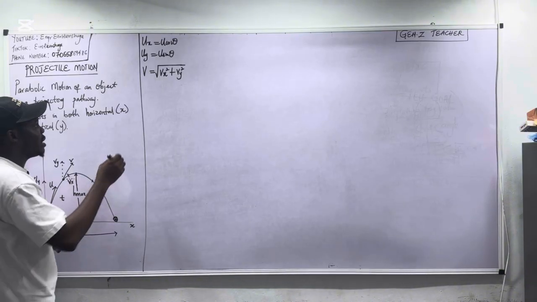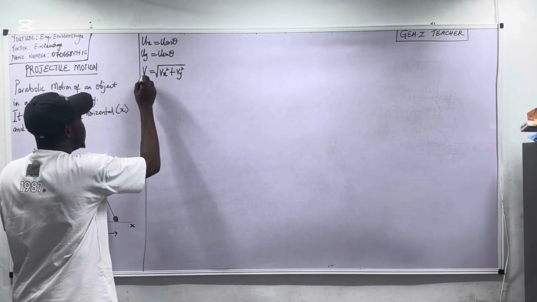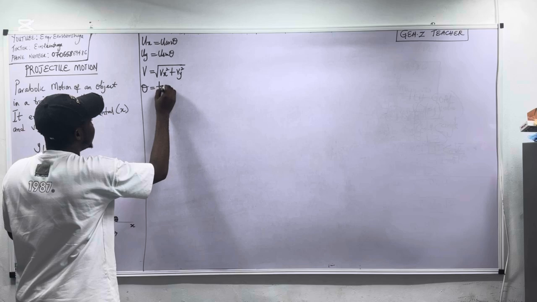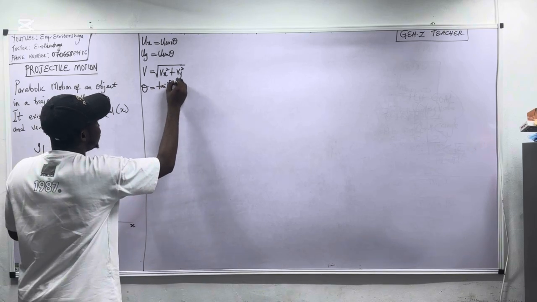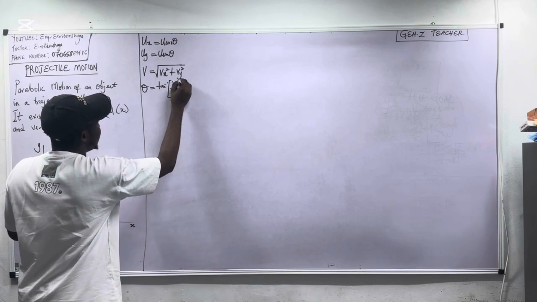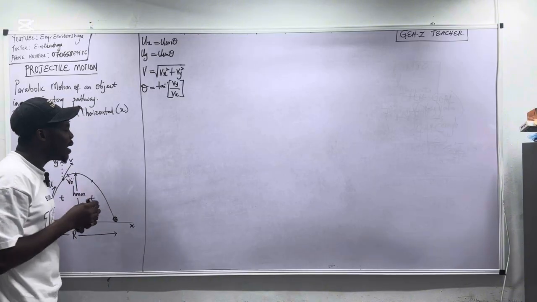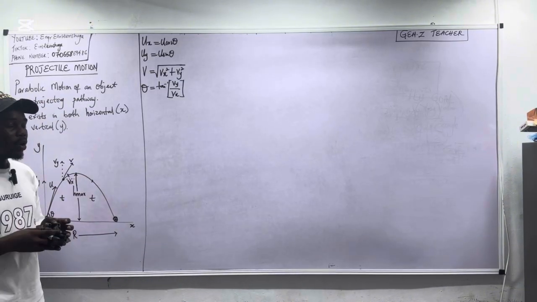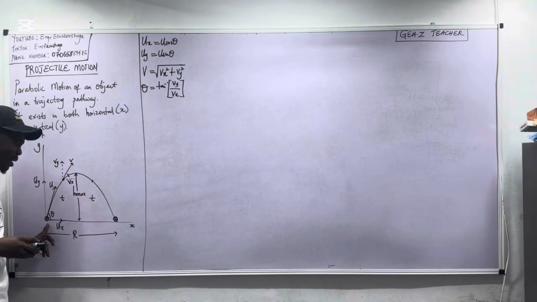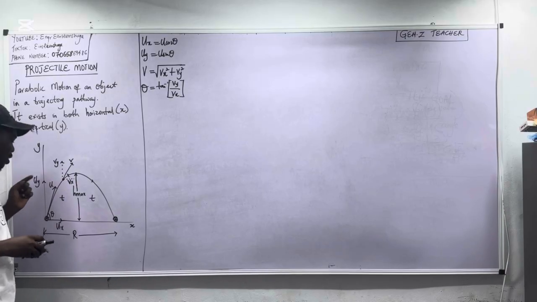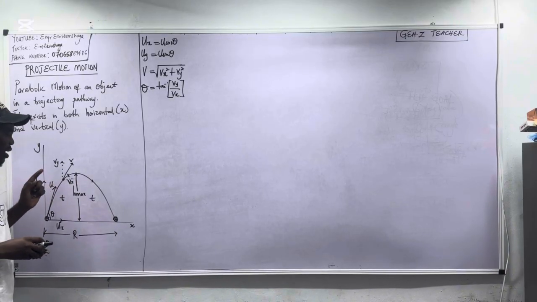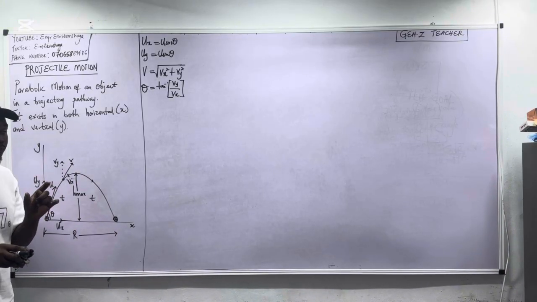And if you're asked to find the angle that v makes, we're going to say tan inverse of vy over vx. Mind you, I did not say uy or ux. I said v because uy and ux are at the beginning. Once you've left the projection plane, you don't have u anymore. You now have v altogether.